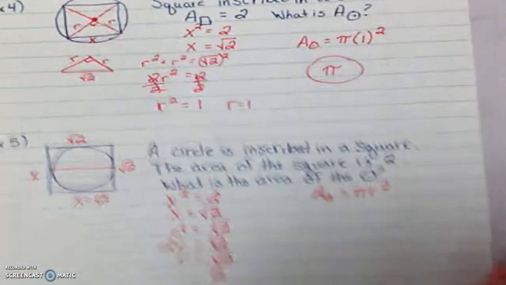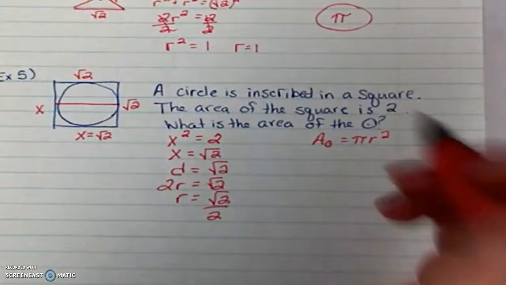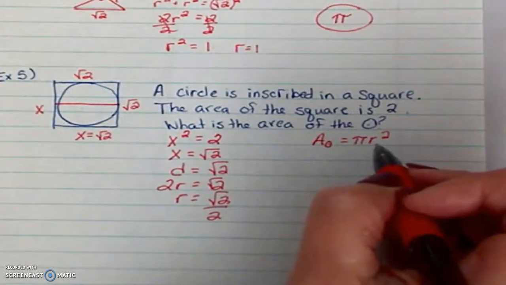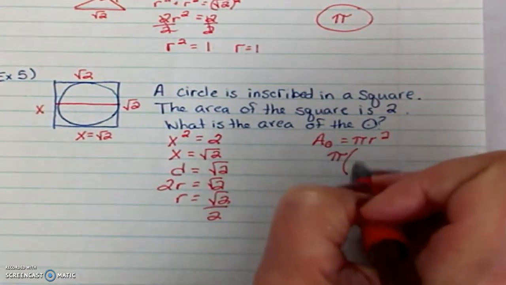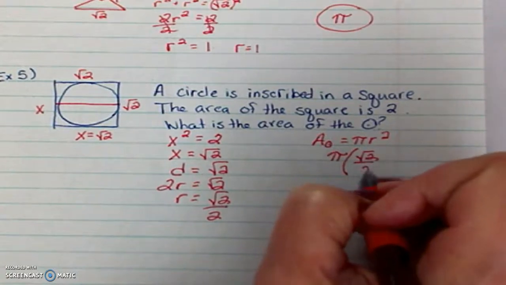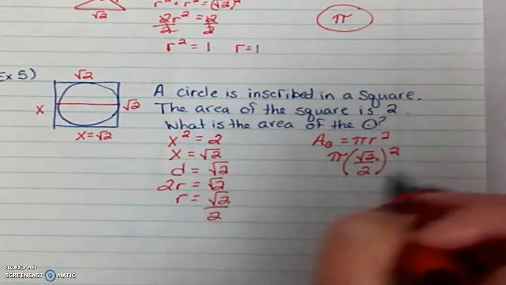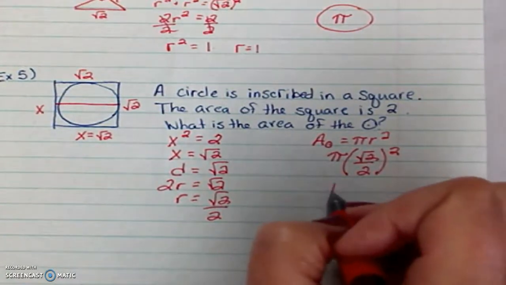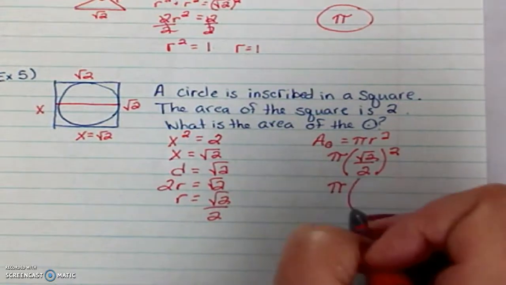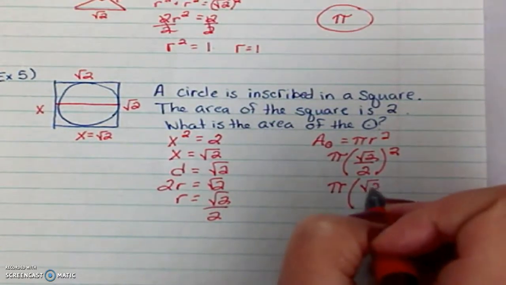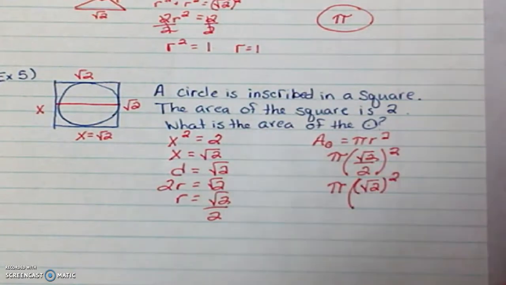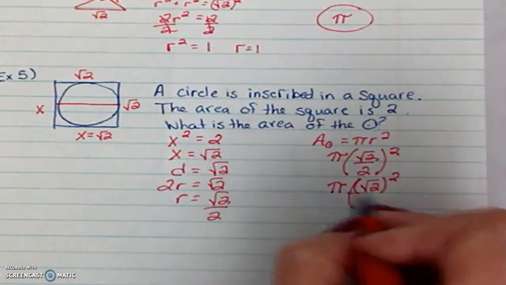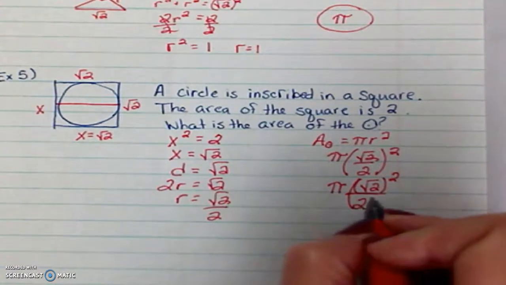So I put that into my formula because I want to figure out the area of my circle. So it's going to be pi times radical 2 over 2 squared. When you square a fraction, you're going to square the numerator and square the denominator.